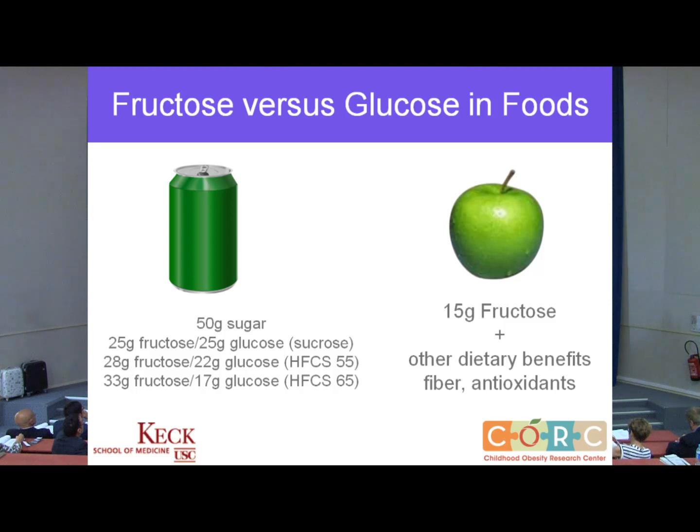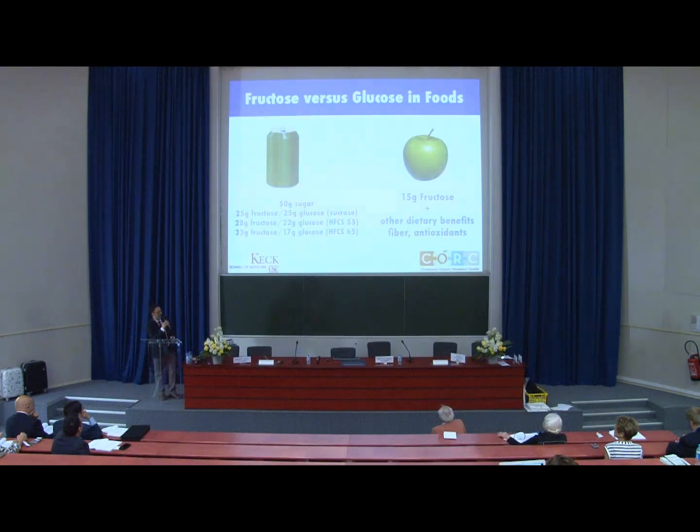And it's a question of the absorption into the system, because this fructose is released very slowly into the system because it's packaged inside the cell wall. There's no cell wall in sodas. It's just pure fructose, which is absorbed very rapidly and exposed in large amounts very quickly to the liver, rather than gradually over time.